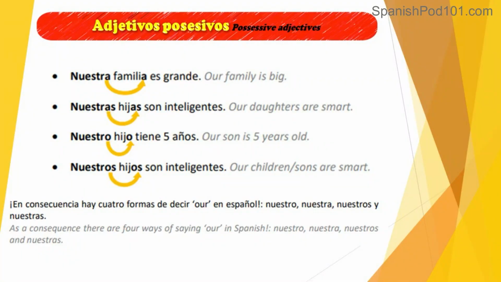In Spanish we use the masculino plural also for general. But we are going to say nuestros hijos son inteligentes. Nuestros hijos, because we are here matching hijos, which is in the plural and is also masculino. As you can see here, as a consequence, we're gonna have 4 different ways to say our in Spanish. Can you tell me what they are?